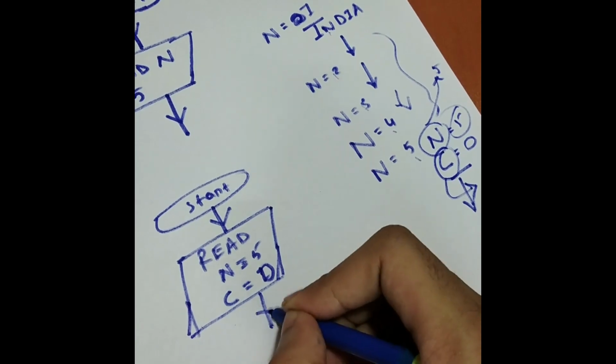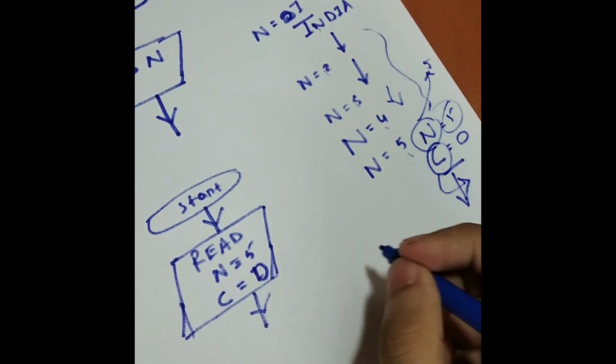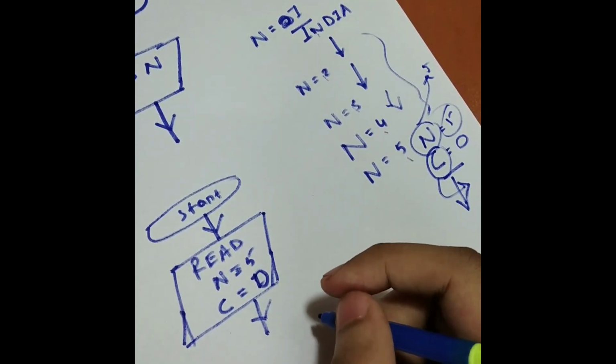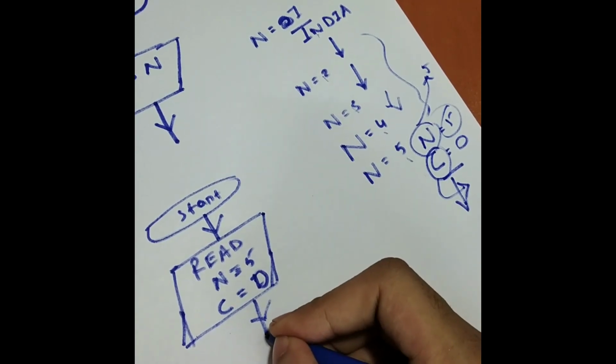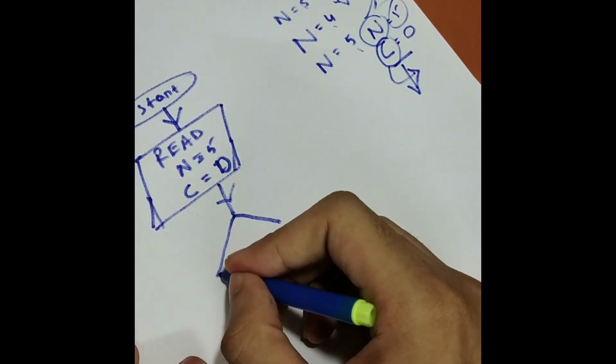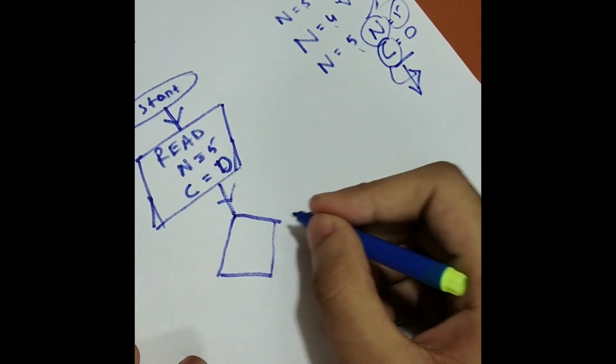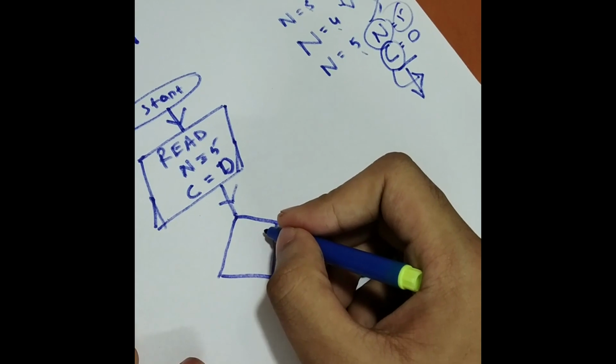Next, what it will do, it will check, and the checking is done in a decision box. What it will check?